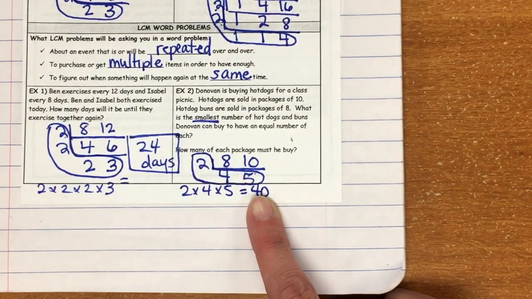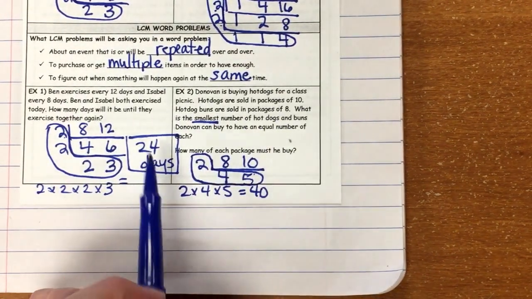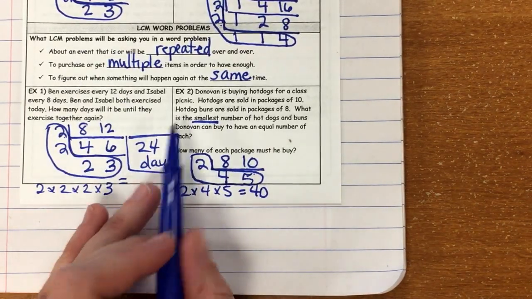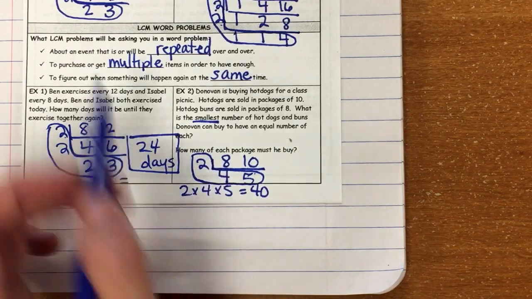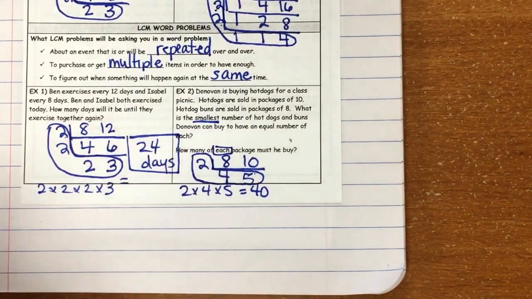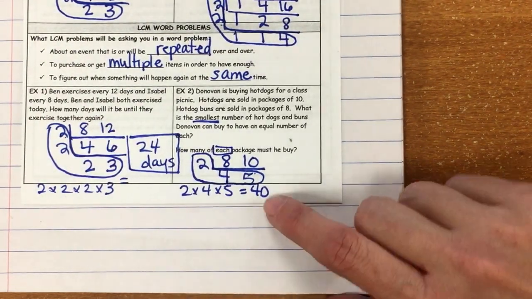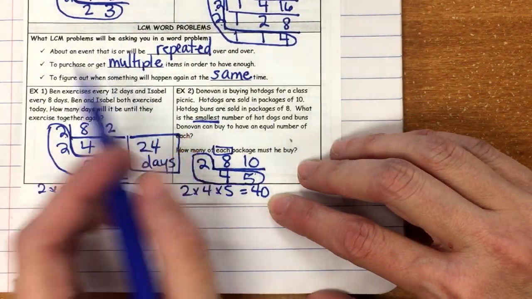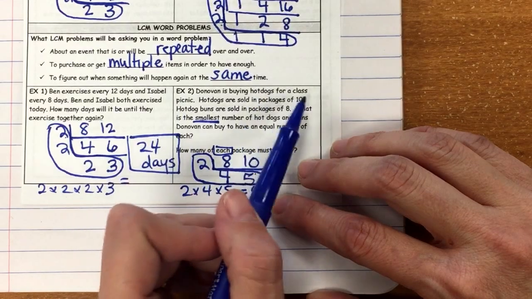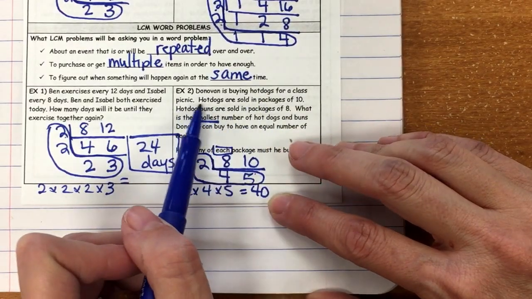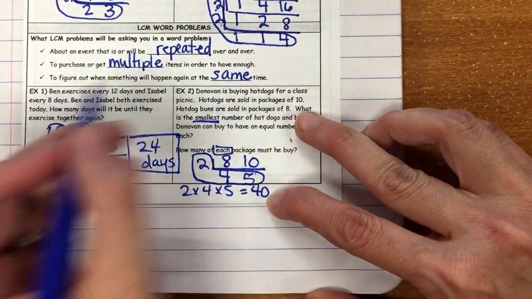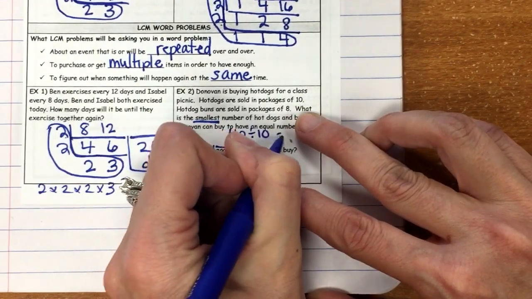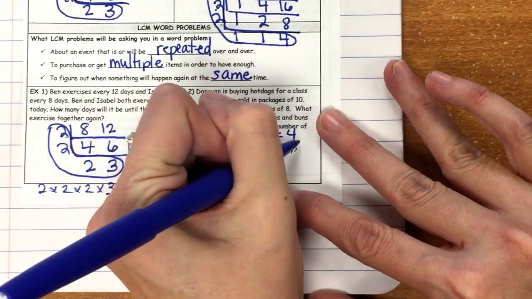Okay? But then the second question asks me, how many of each package must he buy? So if I have 40 hot dogs, and hot dogs are sold in packages of 10, well, 40 hot dogs divided by 10 in a package will give me 4 packs of hot dogs.